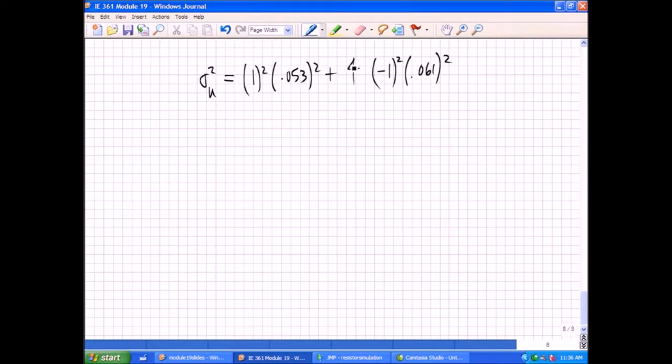So let's just write that this way: 4 times minus 1 squared times 0.061 squared. This is then 0.0177. That's in units of inches squared.